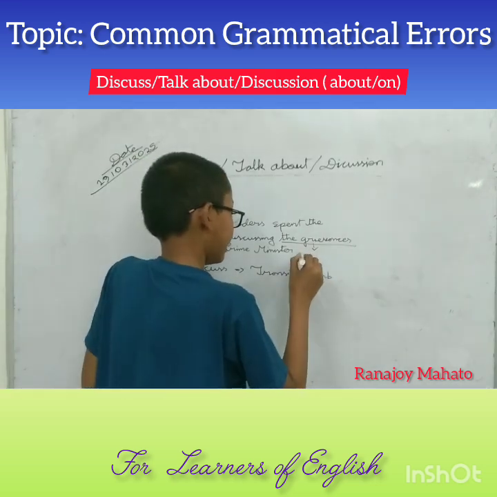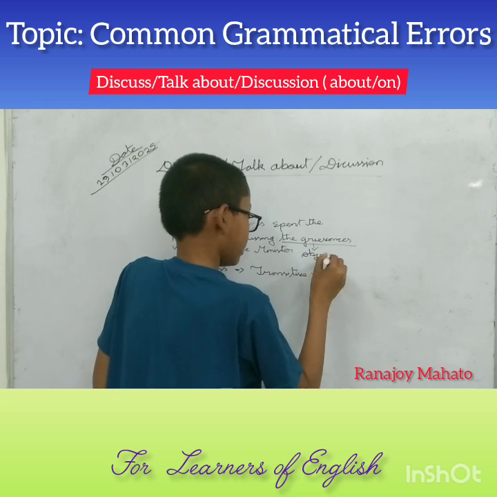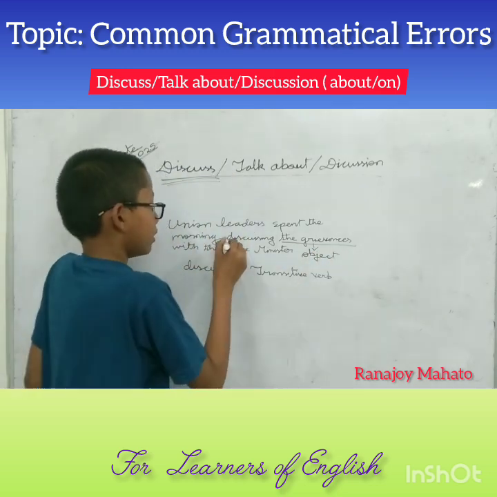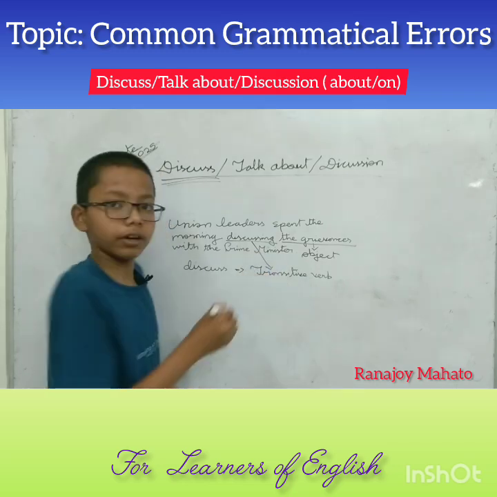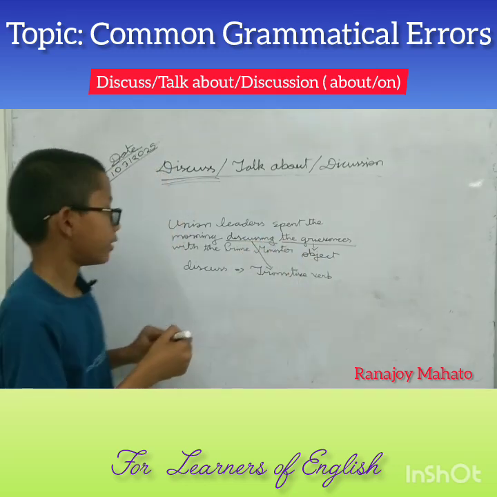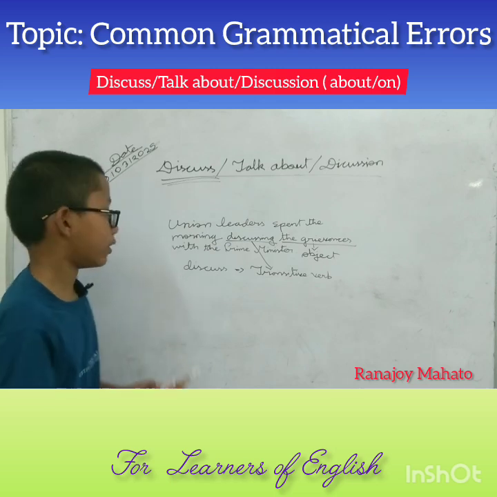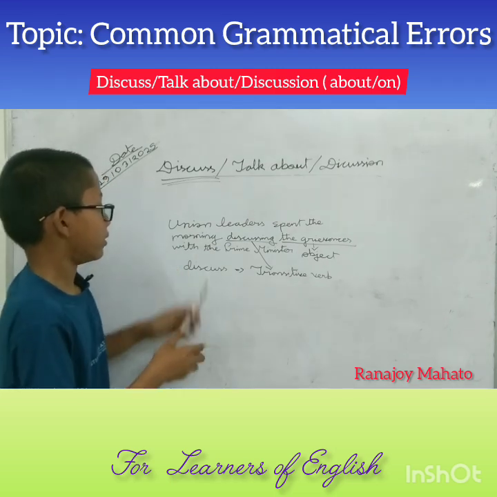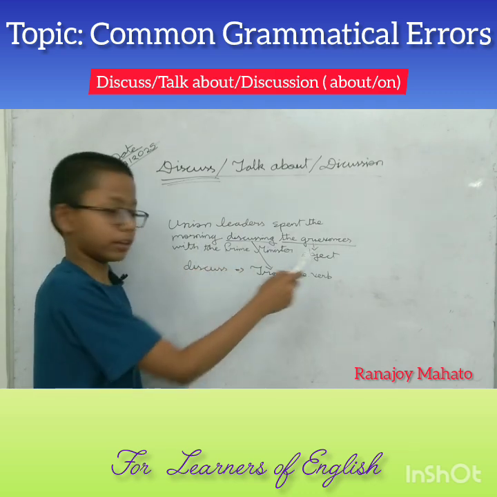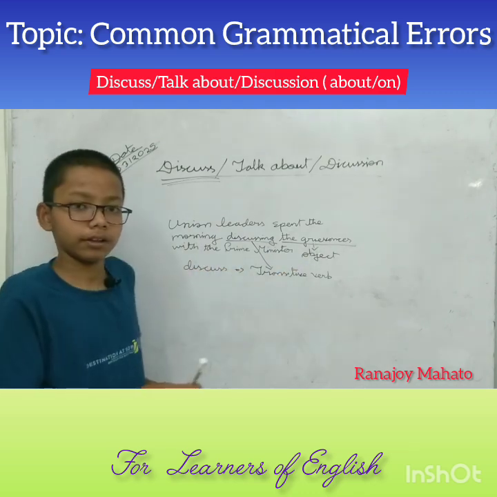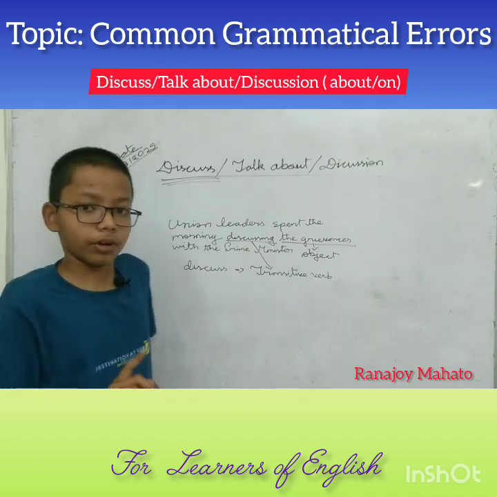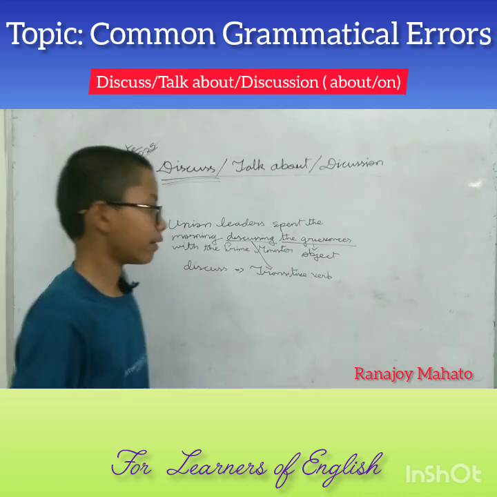Yes, I'll even label it for you. So this is the object and this is the transitive verb right here, and since it has an object after it, this sentence can qualify as a correct one. So here's the sentence. Union leaders spent the morning discussing the grievances with the Prime Minister. So there you go. You got two solutions for one wrong sentence.